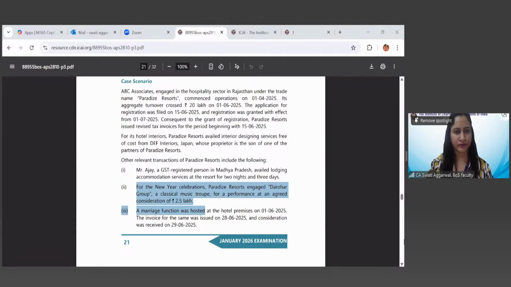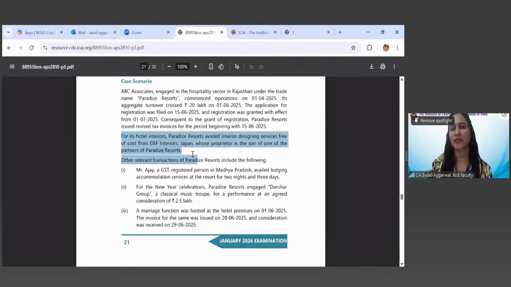So, the relevant information is that for hotel interiors, Paradise Resorts has availed interior designing services from Japan. Japan means they have imported the service, whose proprietor is the son of one of the partners of Paradise Resorts. It means the importation has been made from a related person. And here there is no consideration, right?